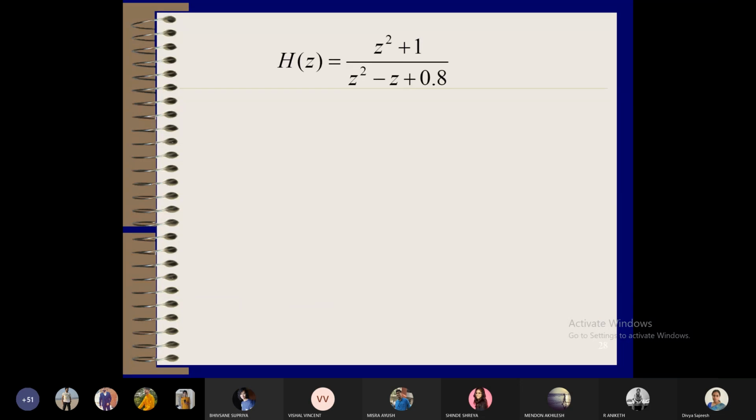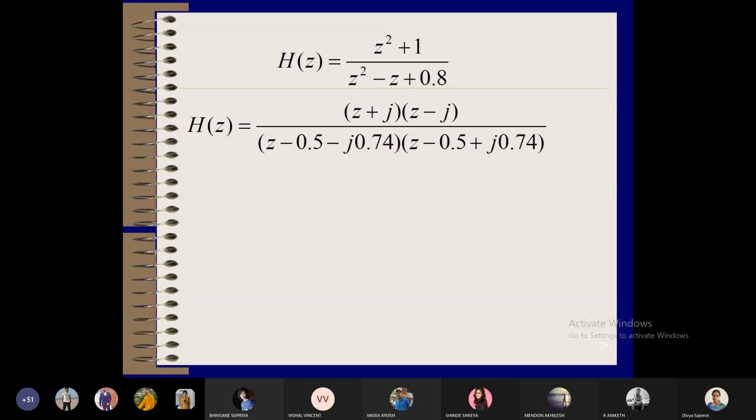Reducing the equation, you obtain z square plus 1 by z square minus z plus 0.8. Now you can factorize it easily. It will be z plus j into z minus j on the numerator, and on the denominator you will get z minus 0.5 minus j 0.74 and z minus 0.5 plus j 0.74.